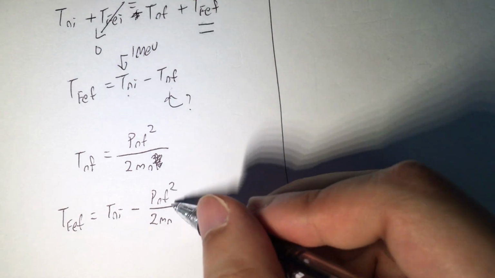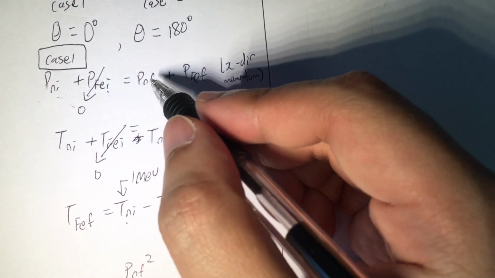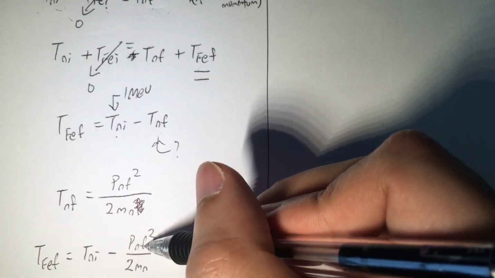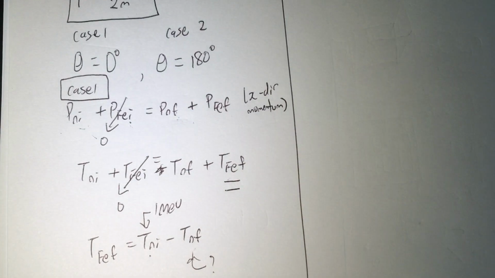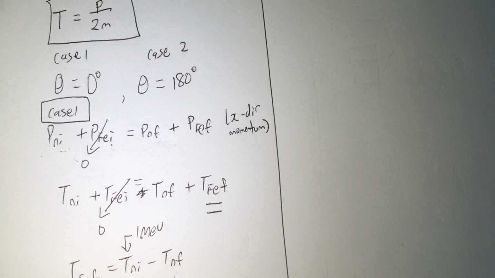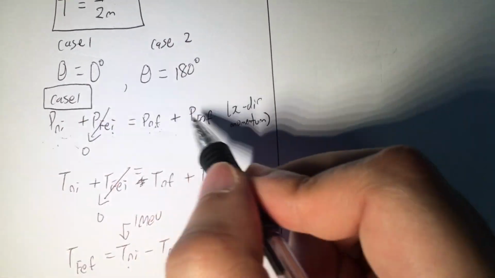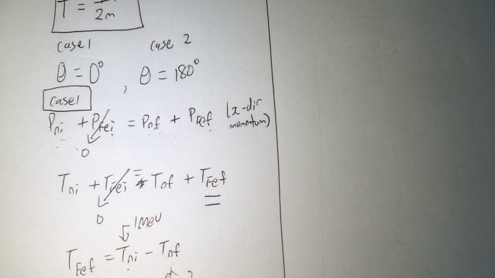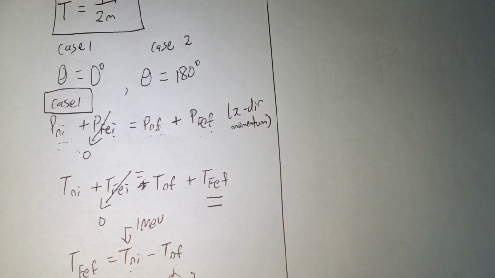Now that is substituted in, we want to find out what P_nf is. If you're not sure, we can take a look at this. P_nf equals P_ni minus P_Fef, so you just rearrange this equation. That's the momentum of the neutron initially minus the momentum of the iron at the final state.